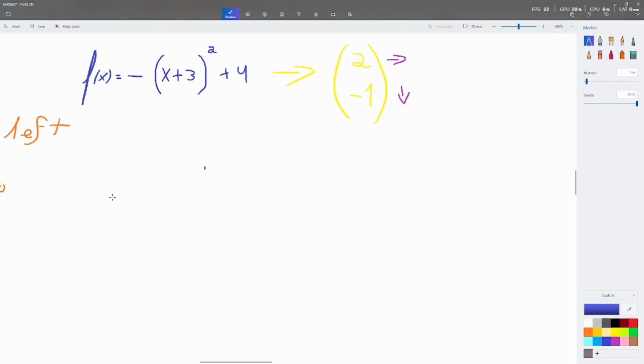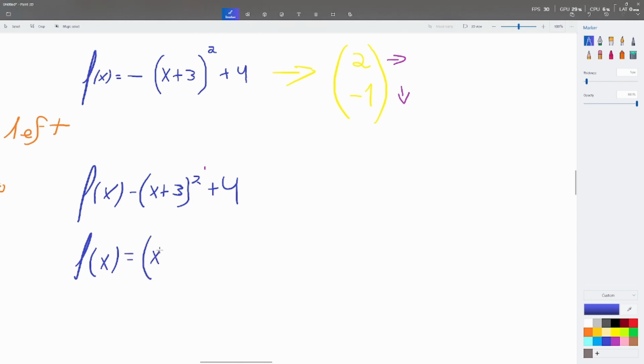You will take your function, which is f(x) = -(x + 3)^2 + 4, and then you will have your other function, which is f(x) = -(x - 2)^2 - 1. So you might be wondering, where did this function come from?